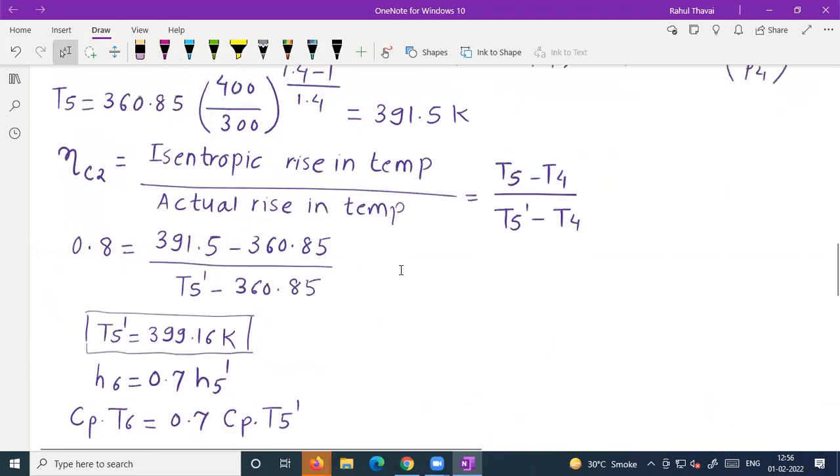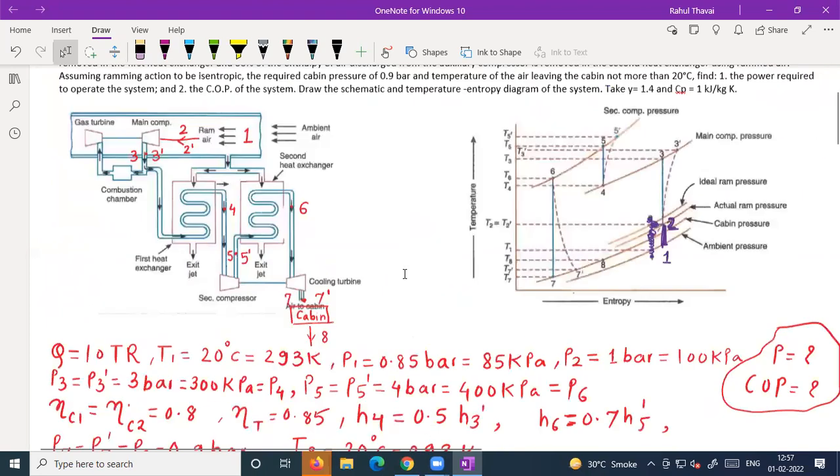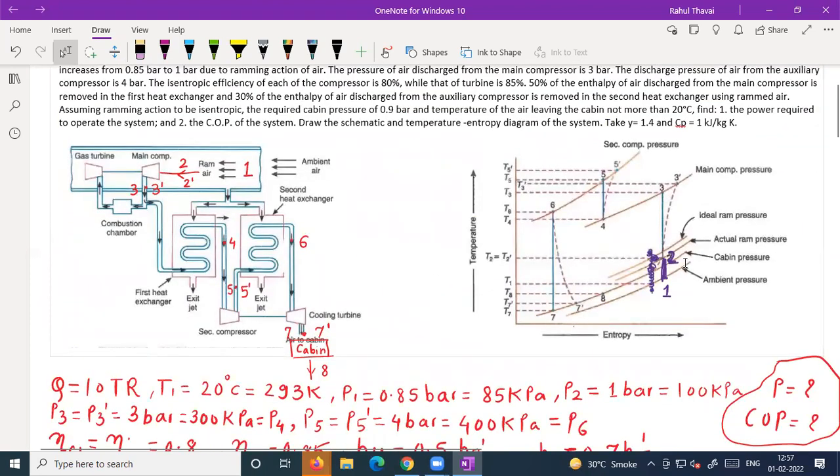Now for the compressor, the initial temperature is T2 and the final temperature is T3 dash.